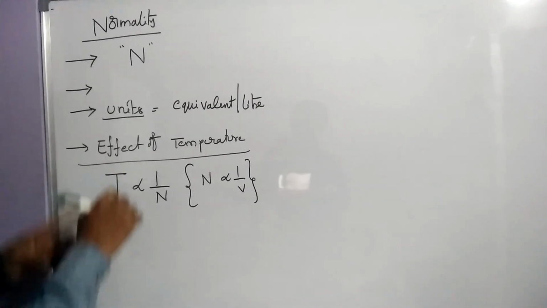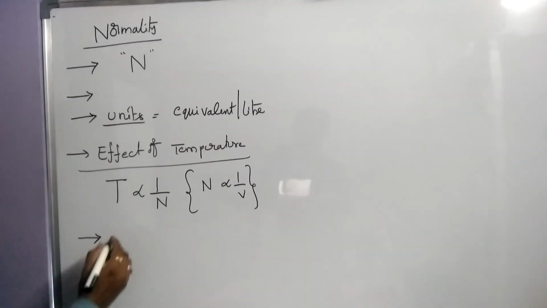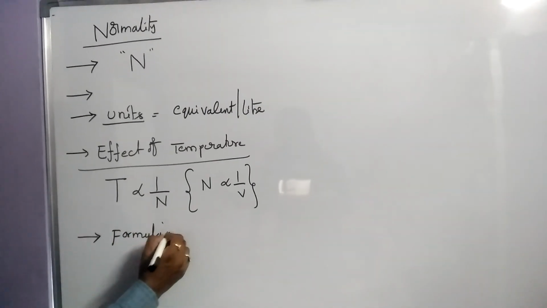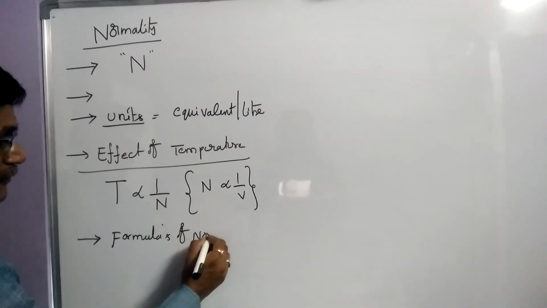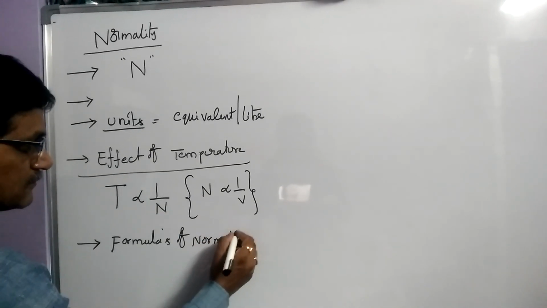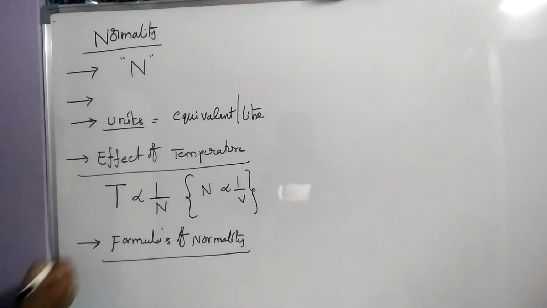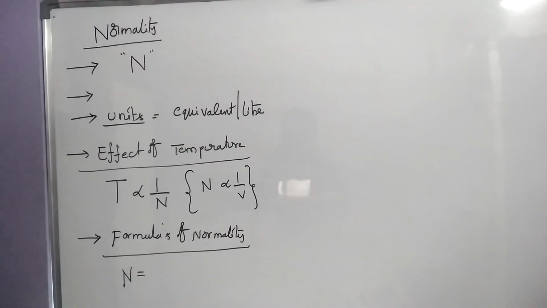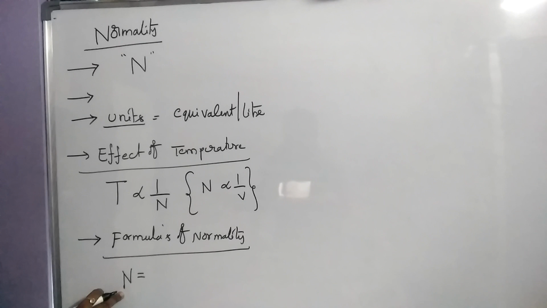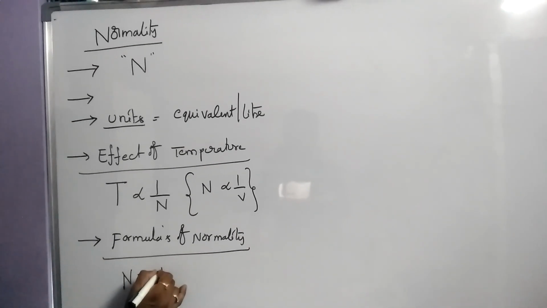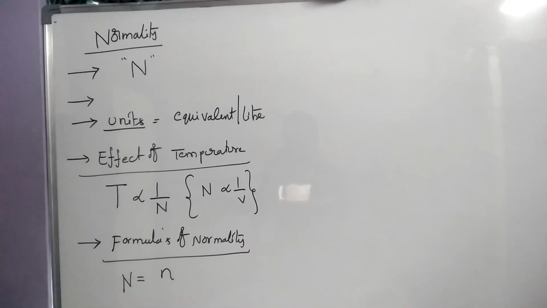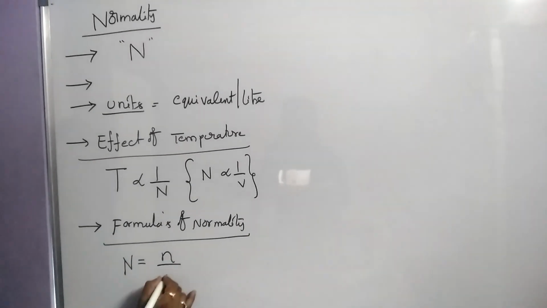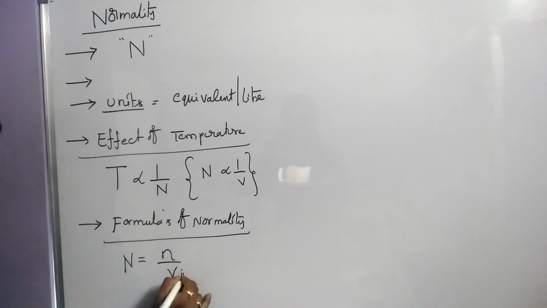What are the formulas of normality? Normality is equal to, based on the definition, number of gram equivalents, expressed in N, per volume of the solution, volume in liters.